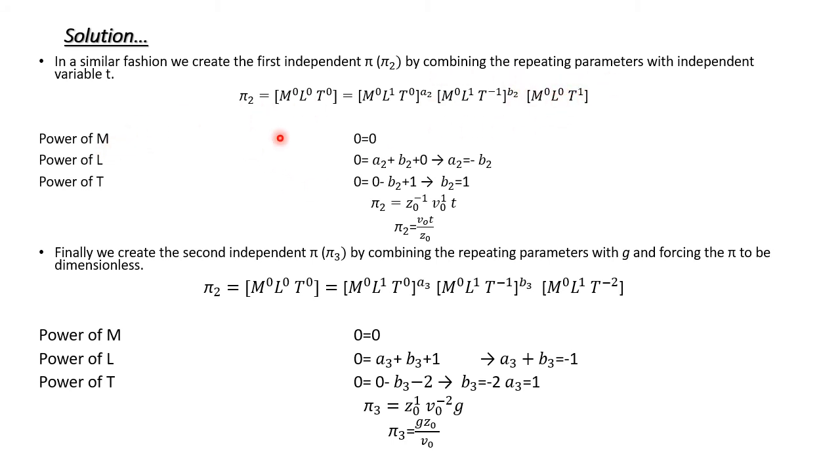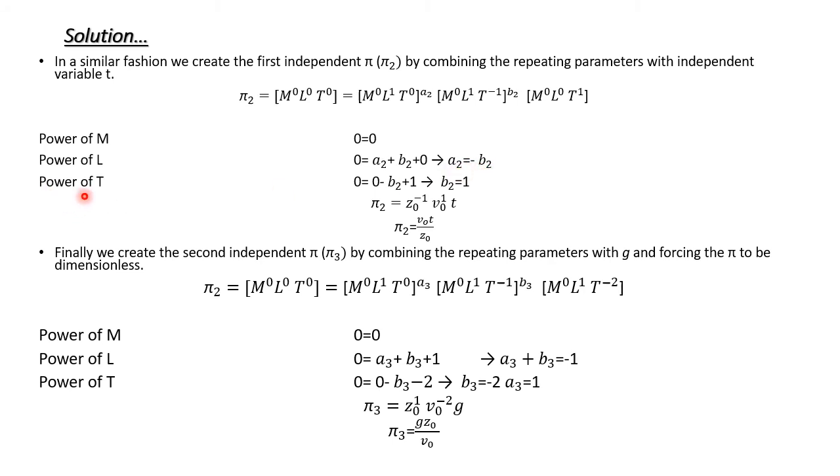Let us compare the powers of M, L and T. Power of M is 0, 0. Power of L on the left hand side is 0, and on the right hand side it is L to the power 1 into a2, so a2, and here also I have L^1, so plus b2, and here it is 0, so a2 plus b2 is equal to 0, so a2 is equal to minus b2.